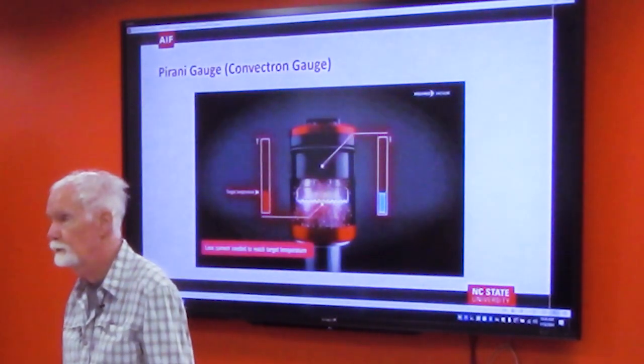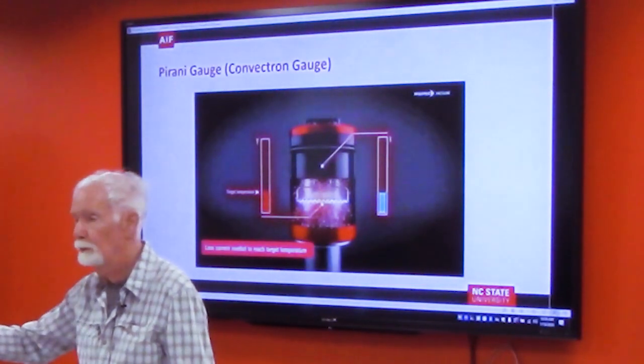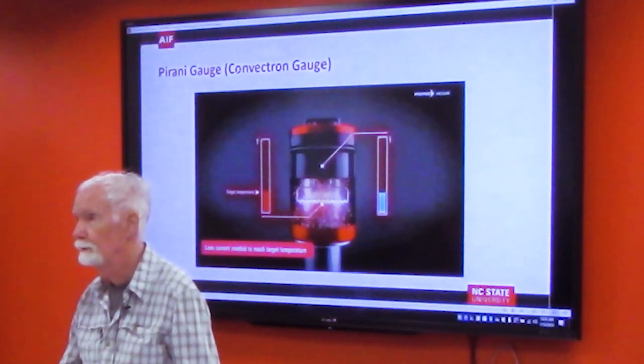So it's changing the current to regulate it, and that current then is being fed back to something which says your pressure is now this.